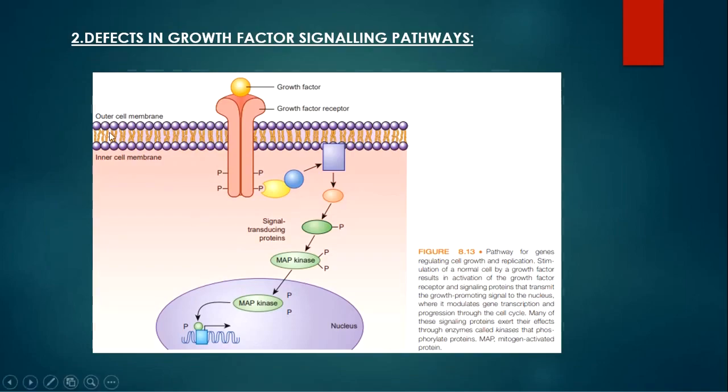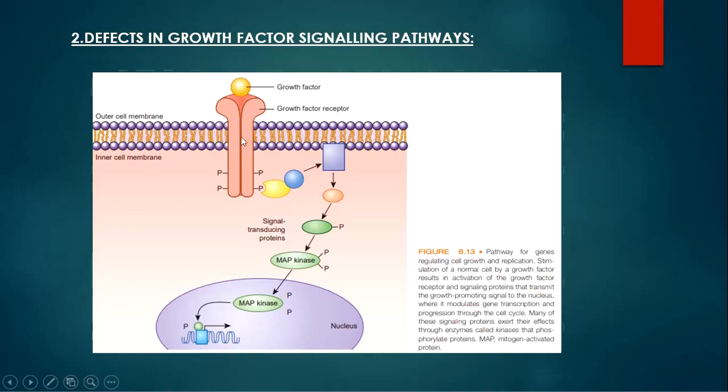Okay, the second pathway is defects in growth factor signaling pathways. This shows a normal pathway for genes regulating cell growth and replication. As you can see here, this is a growth factor, and this growth factor binds with a growth factor receptor, the one shown in red, and it activates this receptor.